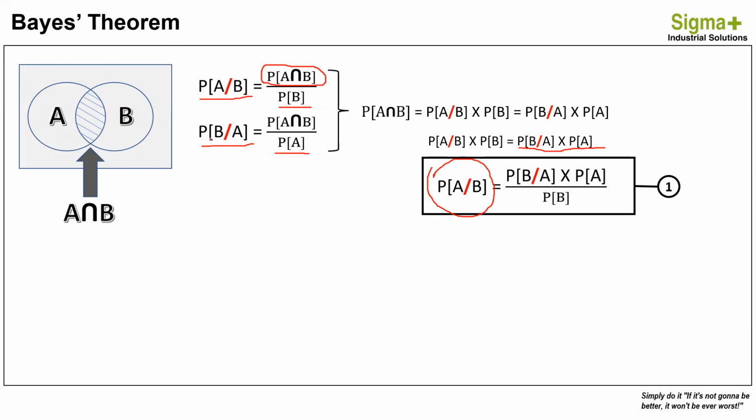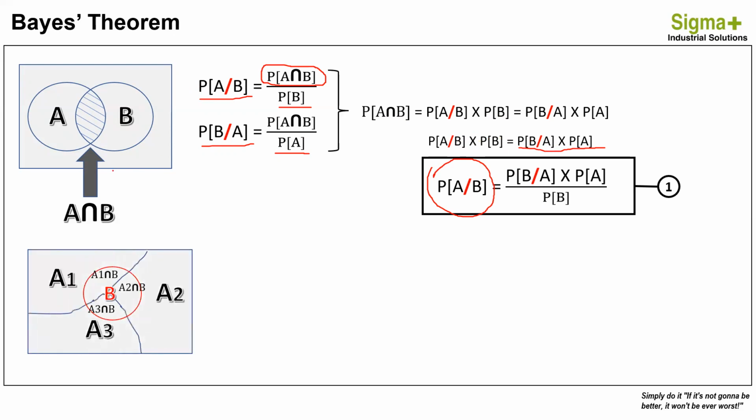Okay, now let's look at the second Venn diagram in front of you, where I have a different number of events.